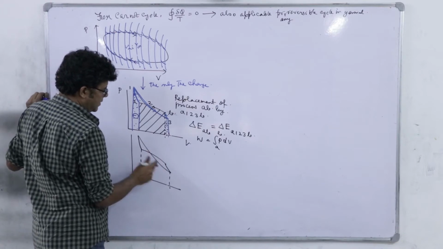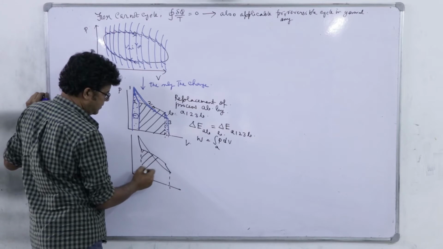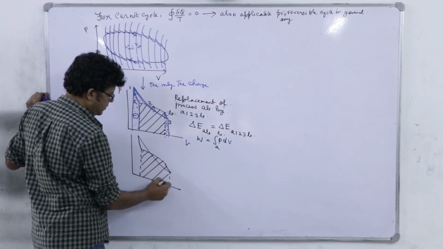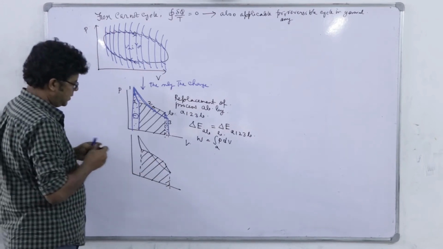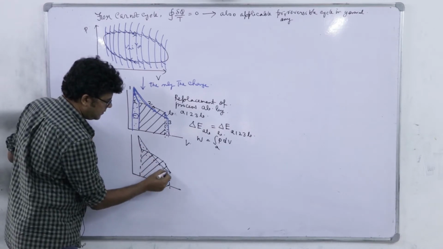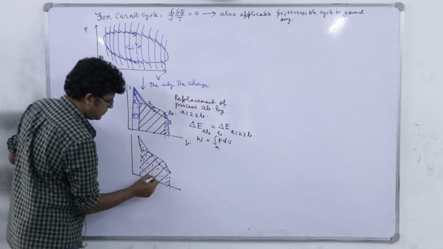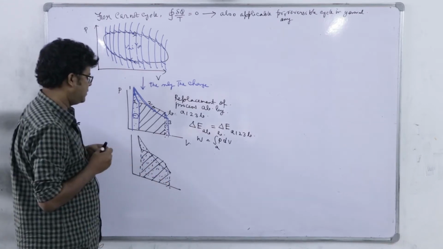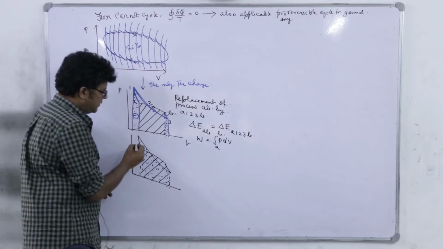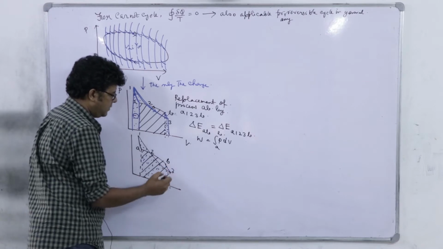One is the area under the curve, one is this area, right. Another is this area. Right. So the points are A, B, 2, 1, 3.